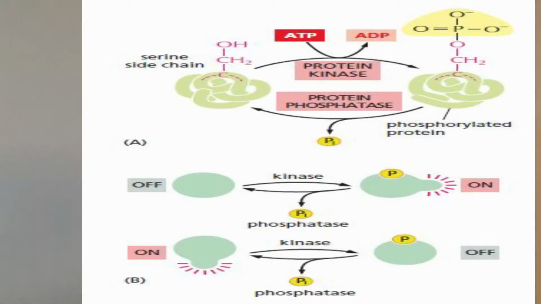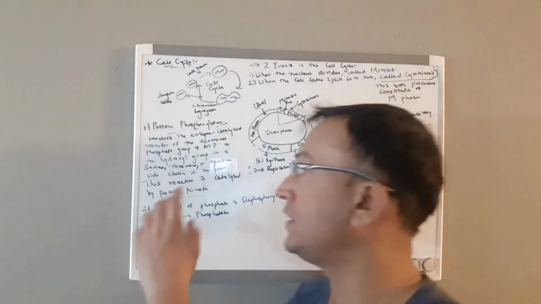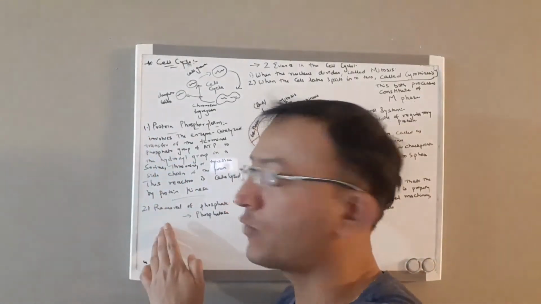That shows how phosphorylation can stimulate protein activity or inhibit it, depending on the site of phosphorylation. So why did we see protein phosphorylation and dephosphorylation?